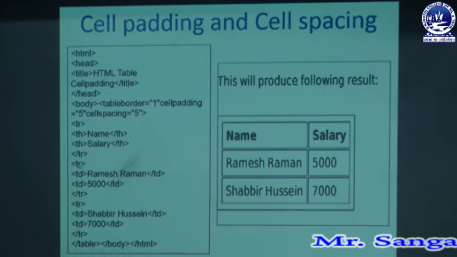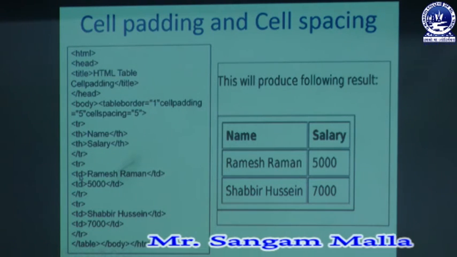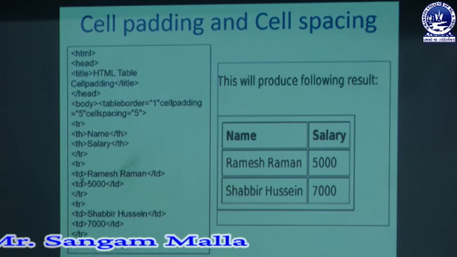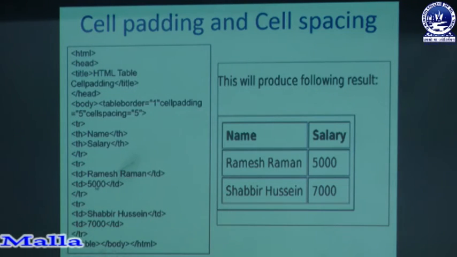Again, in the second row we have stored 2 table data, that is Ramesh Raman and 5000, which are stored under the headings. Similarly, in the third row there are 2 table data, that is Sabir Hussain and 7000, again stored as 2 columns. So there are 3 rows and 2 columns in each row.